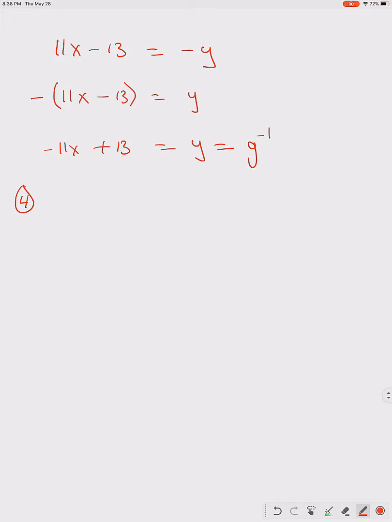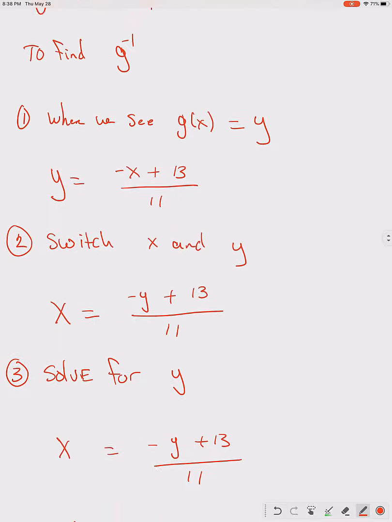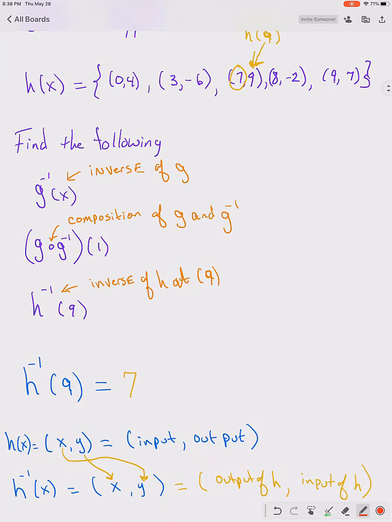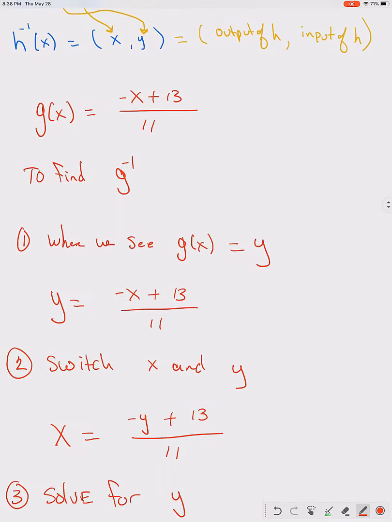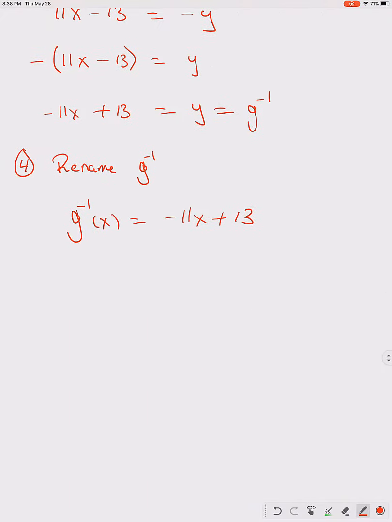So that's often the fourth step: rename it g inverse. So g inverse of x is equal to negative 11x plus 13. That would be the answer for how to find g inverse of x. Now, the theory goes that the inverse composed with the original function, or the original function composed with the inverse, will reproduce whatever you put in.